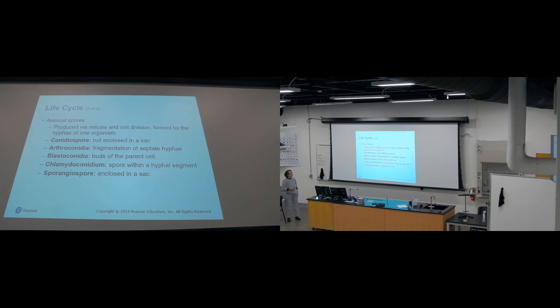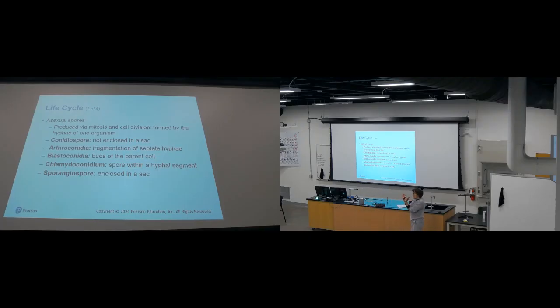It is formed by hyphae of one organism, this type of asexual form. Within this type of hyphae, some are not enclosed within a sac. These will be conidiospores. Other ones just fragment from the hyphae.